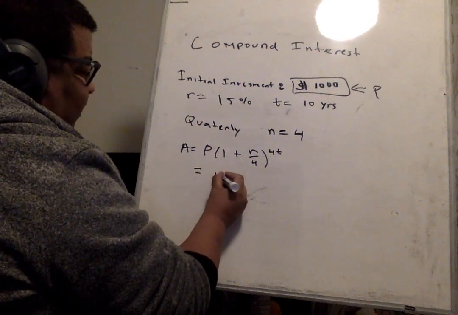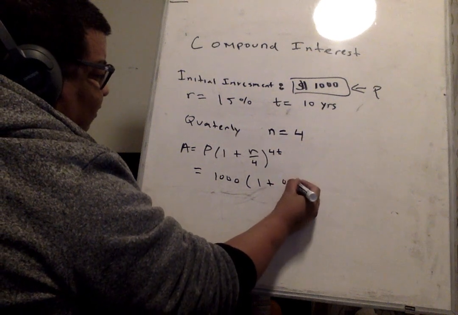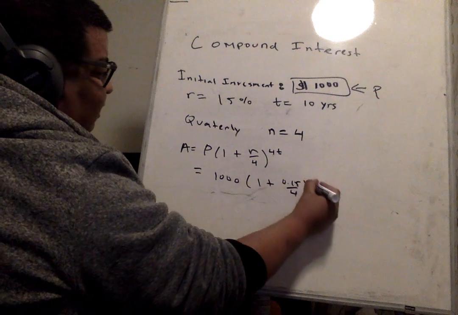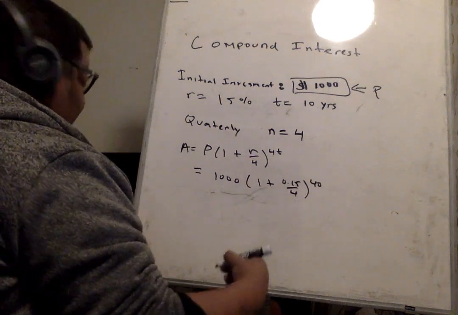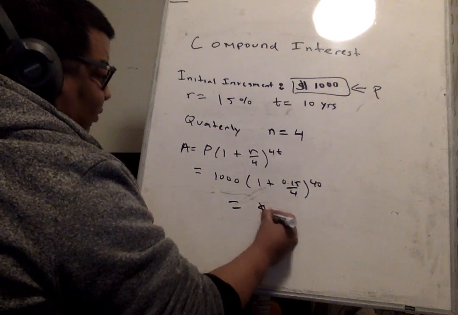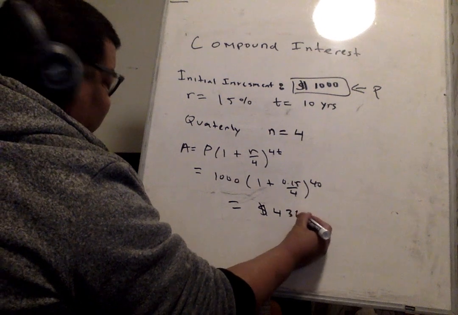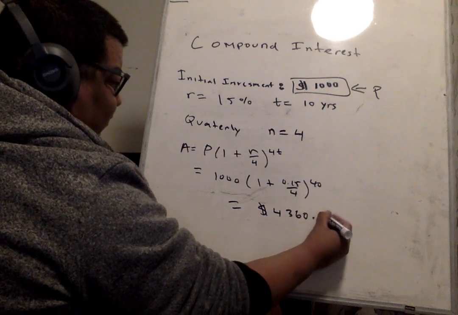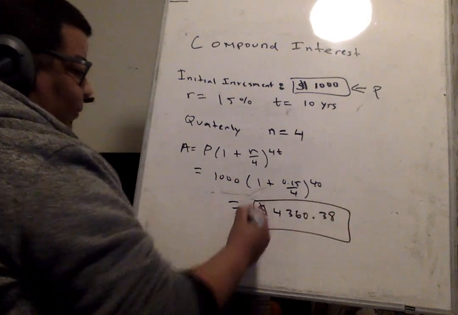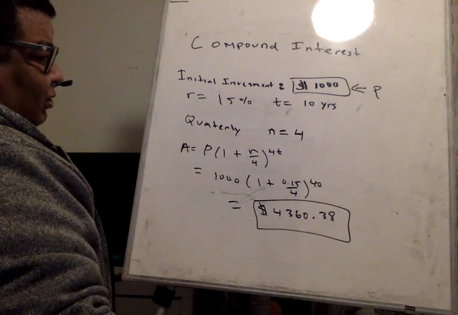And then that will be 1,000(1 + 0.15/4)^40. 4 times 10 is 40. So that's gonna come out to, put on the calculator, $4,360.38. Notice that it's increasing because we are compounded more often.